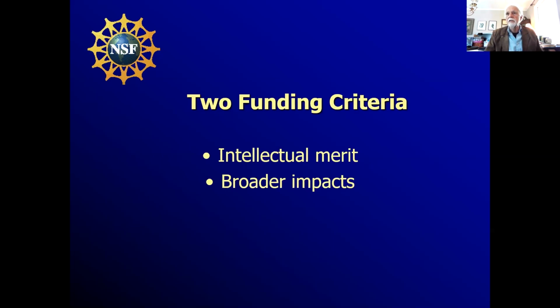But if you're not pushing the science, and I mean the social science, you will not get funded. So most successful proposals spend much more time dealing with the intellectual merit than the broader impacts. Also, frankly, for we in the social sciences, often the broader impacts are obvious.